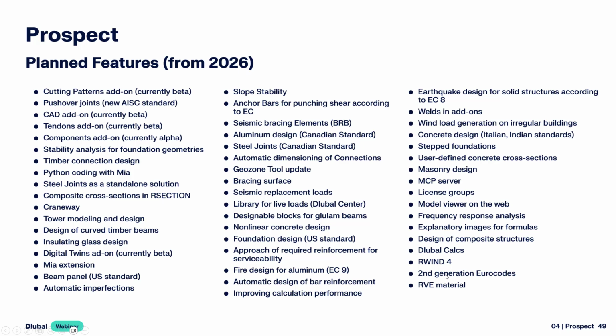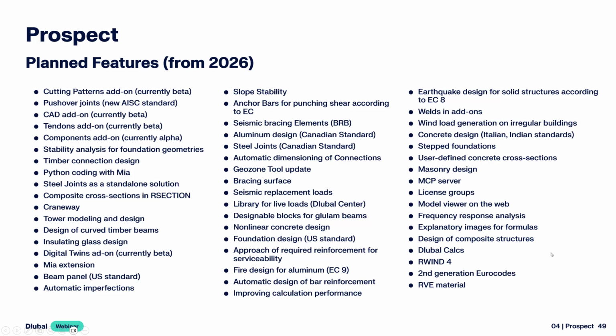Then we will implement the second generation of the Eurocodes, and also the RWE material. So those are resulting volume elements. That opens the material models, for example, for solids or textiles, etc. Those will then be possible.